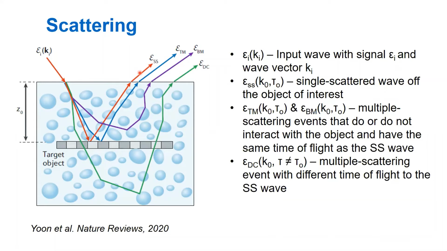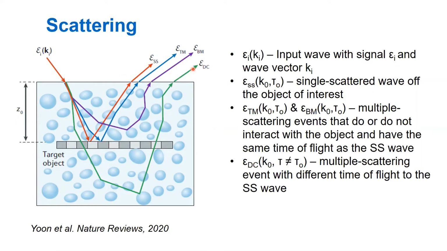But actually, in the same direction as that wave, there's many other scenarios that can occur, and many other waves that can be present. There's this TM wave and BM wave, which essentially have taken the same amount of time to pass through the tissue and have also come out at the same direction. And then there's this green wave, which has taken longer to come out of the tissue, or possibly shorter.